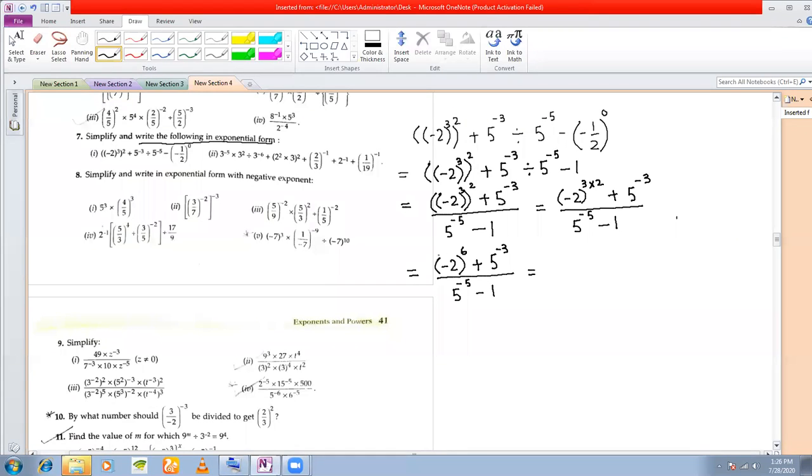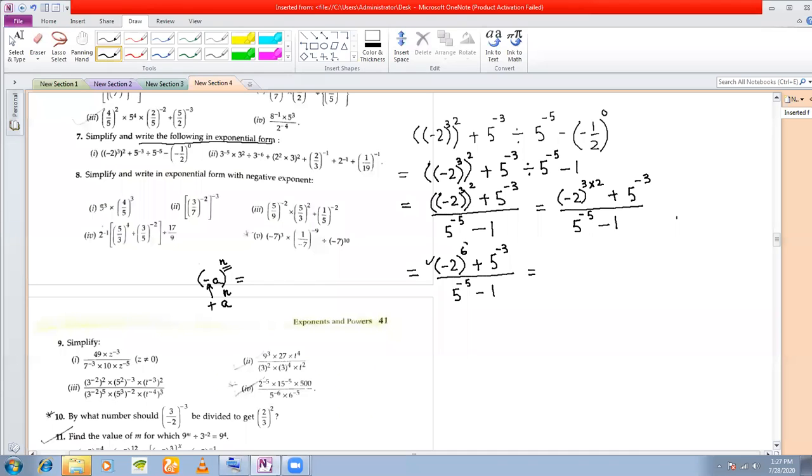Now what to do with this minus 2 to the power of 6? If you remember this rule I told you, minus a when raised to any power, whether even or odd, we have to check whether the power is even or odd. If the power is even, then this minus sign will change to a plus sign. We write a as it is and give the power n.